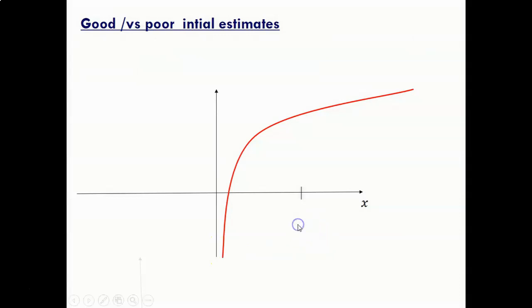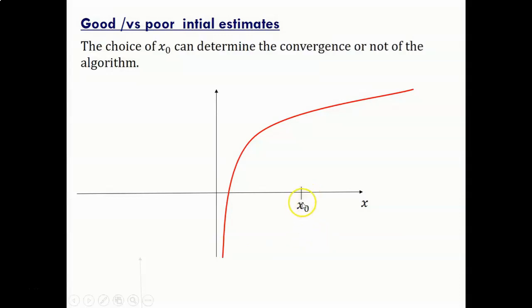So in this case, if I choose x0 in this position here, then when I construct the x1, as you see, the x1 is far away from the solution, and additionally you cannot even construct the function g of x, because f of x1 is not defined at this point.